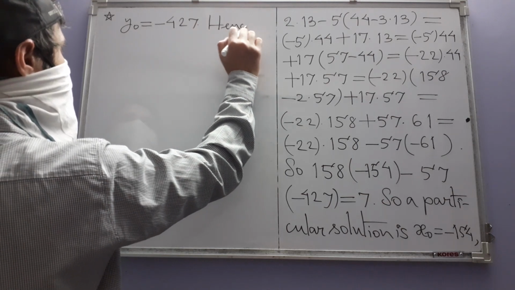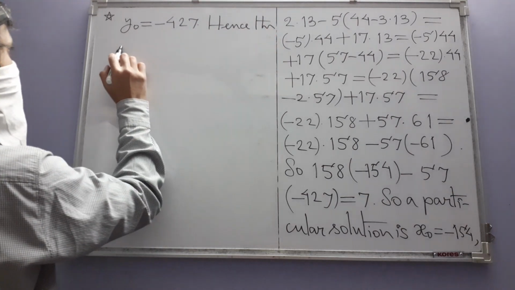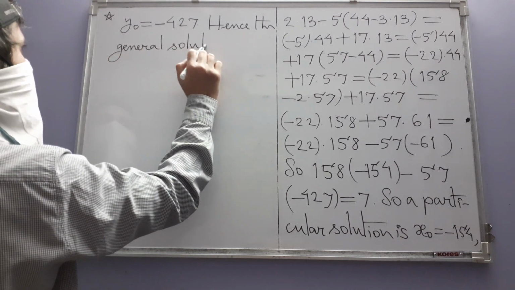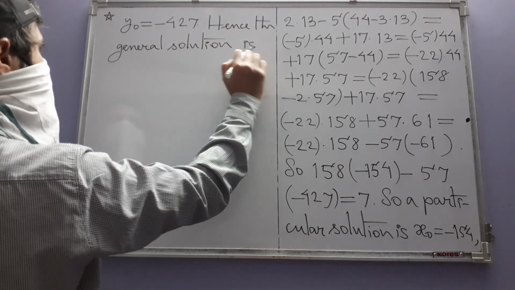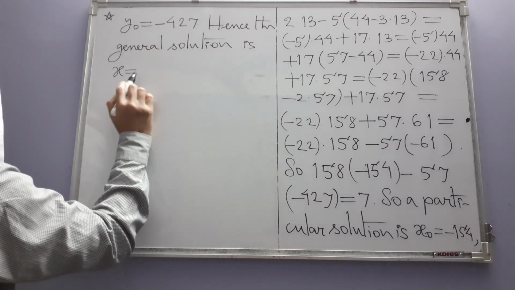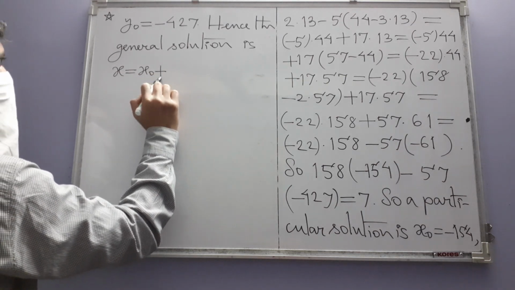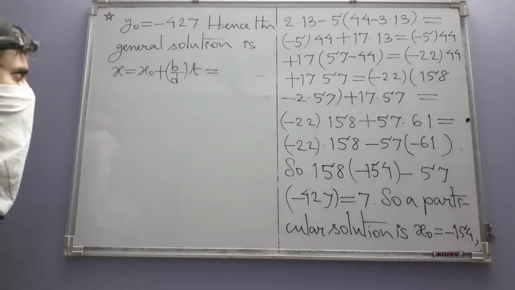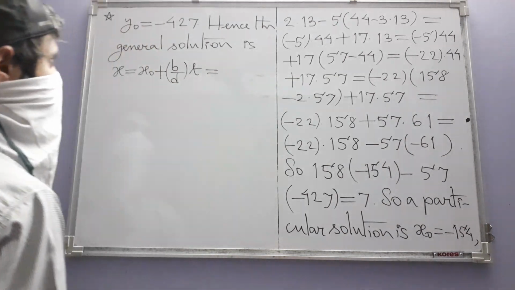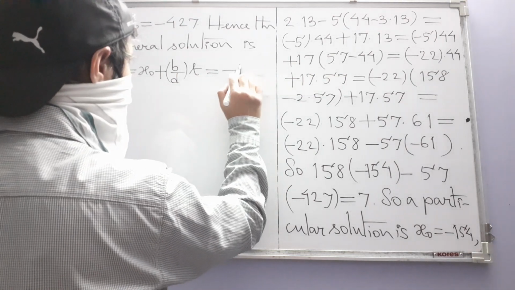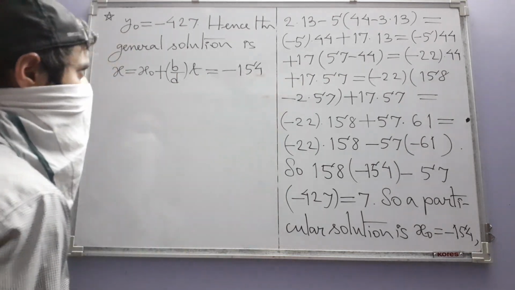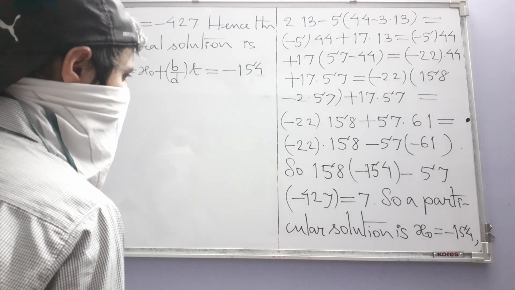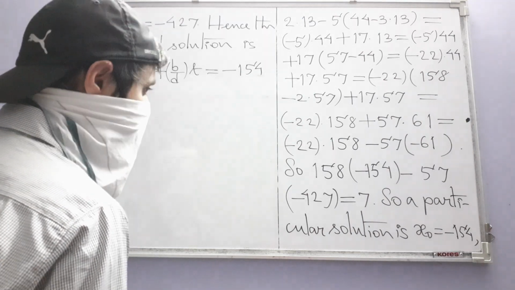Hence, the general solution is x equal to x naught plus b divided by d times t. So x naught is minus 154. Because b is 1, we just need to put b. And what is b? That is important.